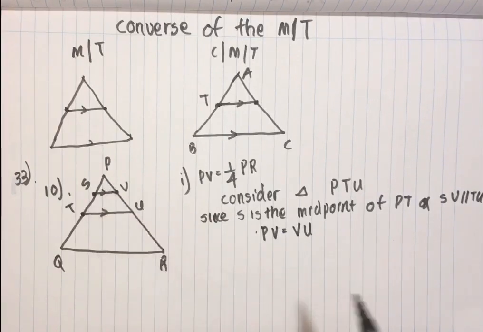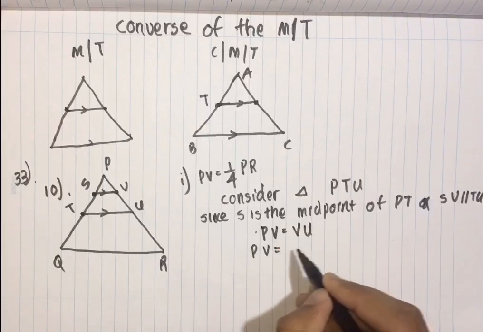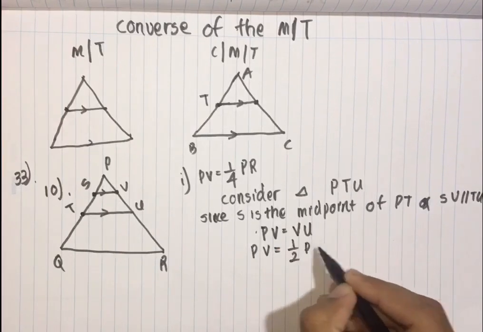Since these two are equal, PV is equal to half of PU.